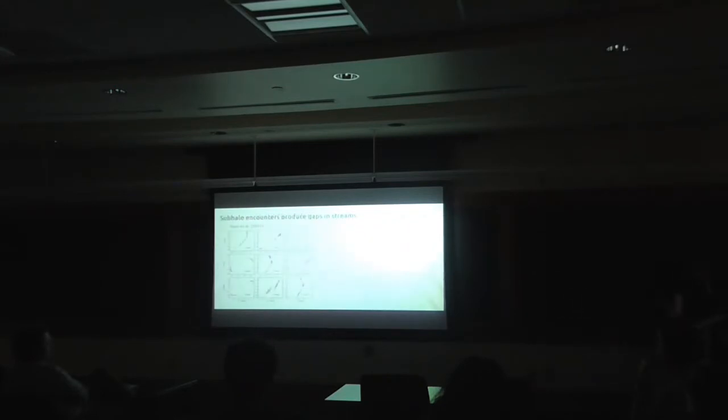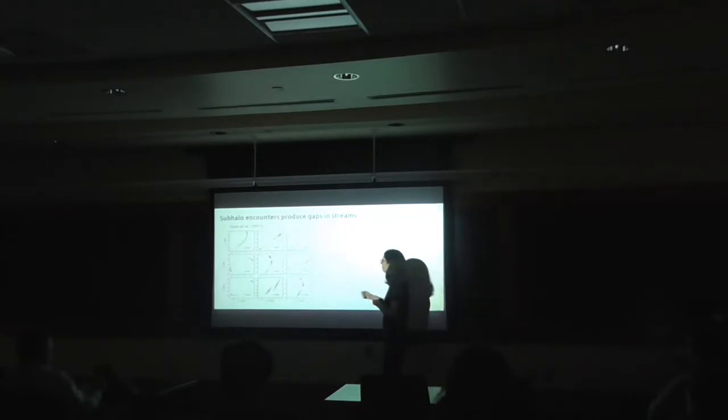And as I said before, people have studied what an encounter of a subhalo with the stream would look like. This is from one of the first papers that spearheaded this effort, showing a gallery of different end results from a construction of a stream with a subhalo.